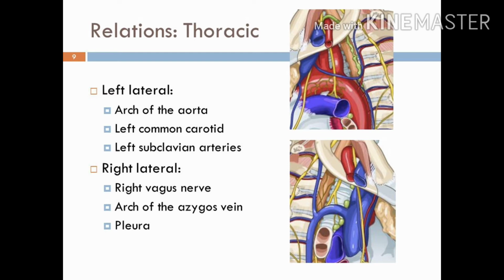To the left of the esophagus, the structures related are arch of aorta, left subclavian artery, thoracic duct, left lung and pleura, left recurrent laryngeal nerve and descending thoracic aorta.